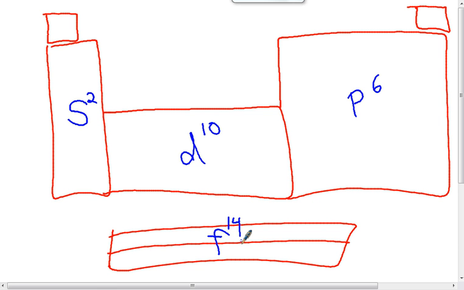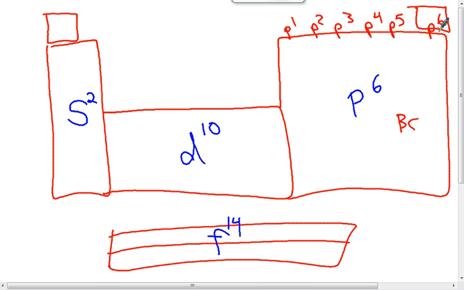And then Everett's always looking out the door. What was the last element we just did? Bromine? What did bromine end with? Like 4p5? Is it 4p5? Where's bromine? Bromine's right here, isn't it? It is 5 over in that section, isn't it?